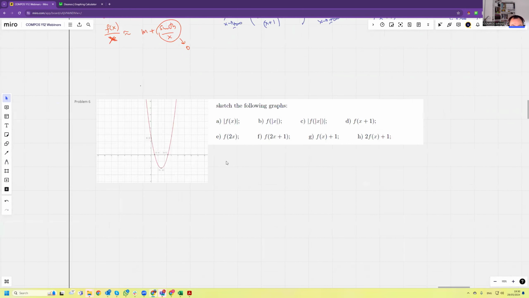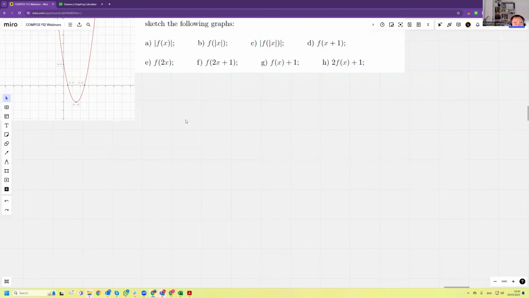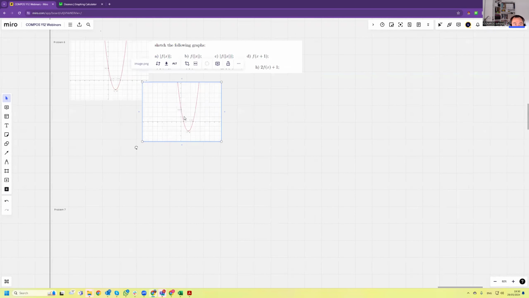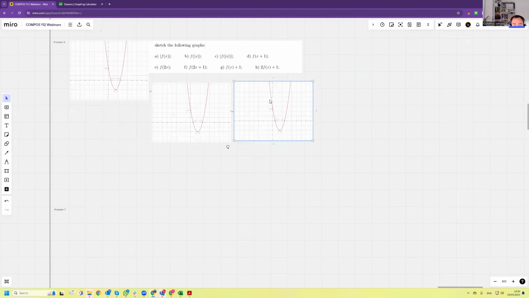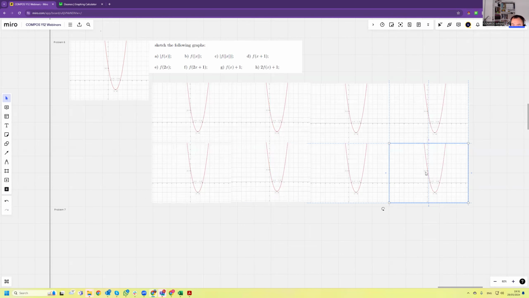Right, the last thing. Well, you probably know how to do these. I'm just going to quickly sketch those. Oh, you know what? I'm going to copy this. 8 times? 1, 2, 3, 4, 5, 6, 7, 8.